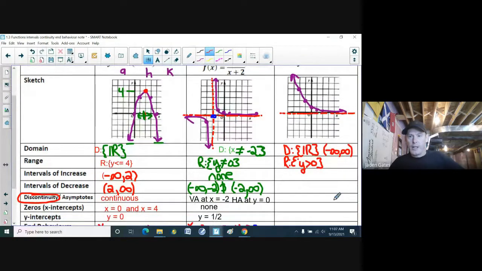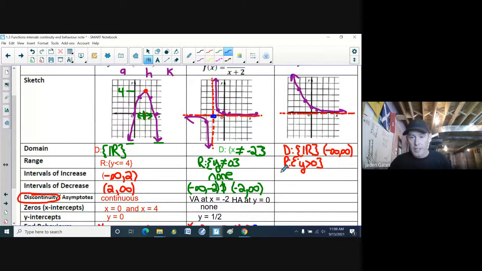All right. Now, intervals of increase and decrease. Again, this is when we're reading the graph left to right as opposed to the end behaviors. As I read this graph left to right, I'm going to start up at the top here, and it just keeps going down, down, down a lot at the beginning. This is an exponential decay. It starts going down quickly, and it keeps going down, but not as much.